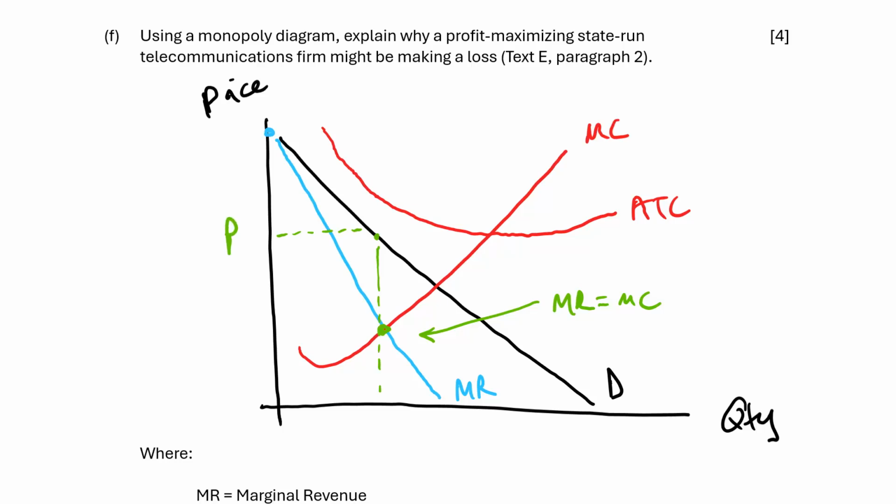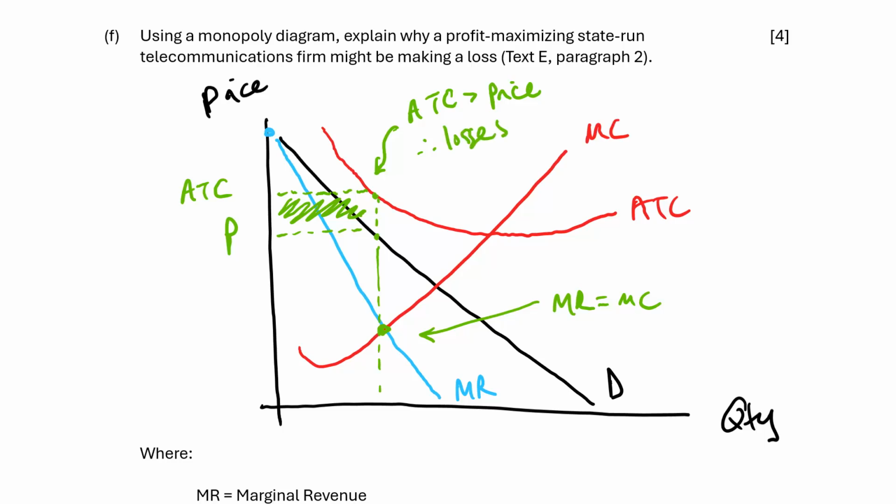So price is going to be given by P. And then you go a little bit upwards to the ATC curve, and that shows you the average cost. What we can see here is that the average total cost is actually greater than the price. So make a note of that: ATC greater than price, therefore losses.